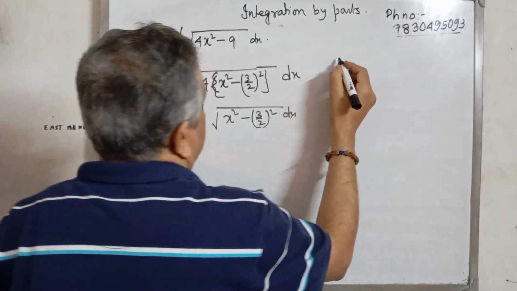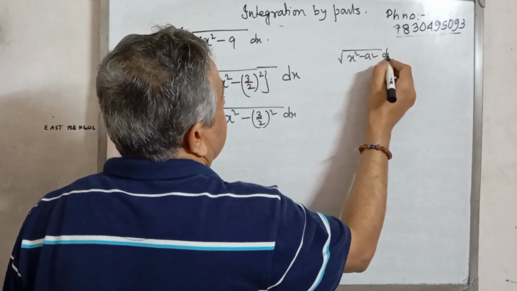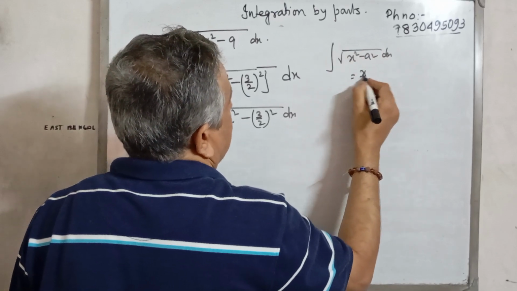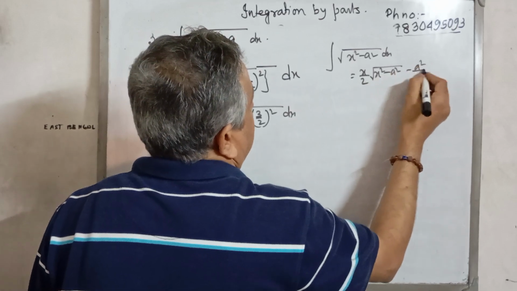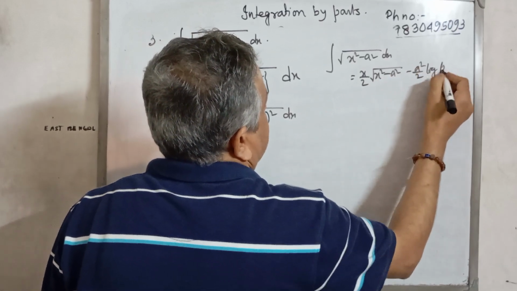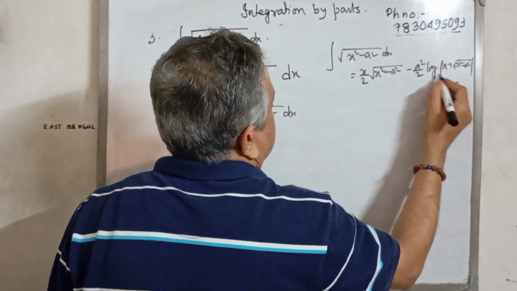We can use this formula, integration of root over x square minus a square dx, which is x by 2 root over x square minus a square minus a square by 2 log x plus root over x square minus a square plus c.